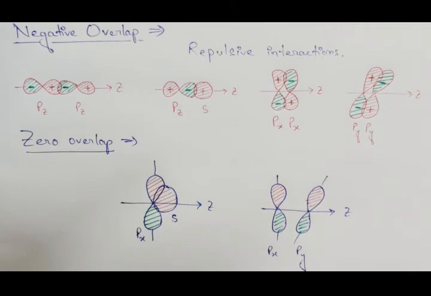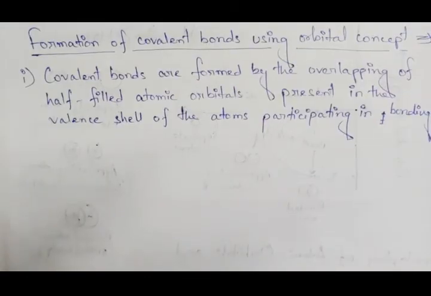Now we will see the various postulates of the orbital concept regarding the formation of covalent bonds. It is said that covalent bonds are formed by the overlapping of the half-filled atomic orbitals present in the valence shell of the combining atoms.